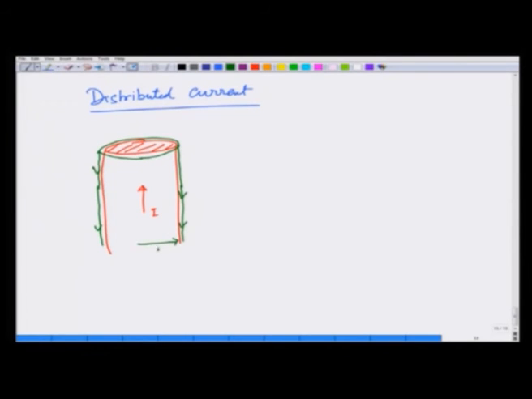Let this radius be A. Then by Ampere's law, if I were to calculate the magnetic field at a distance r from the axis of the wire, we are going to have B times 2 pi r is equal to mu 0 times the current enclosed. Total current is I, which is distributed over pi a square, and therefore, current enclosed will be I over pi a square times pi r square.